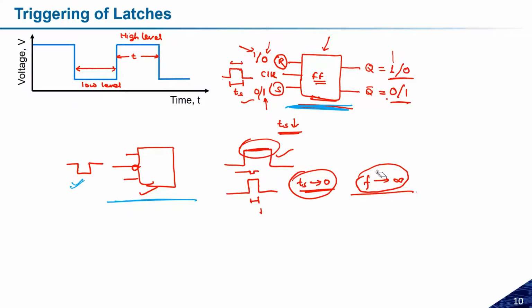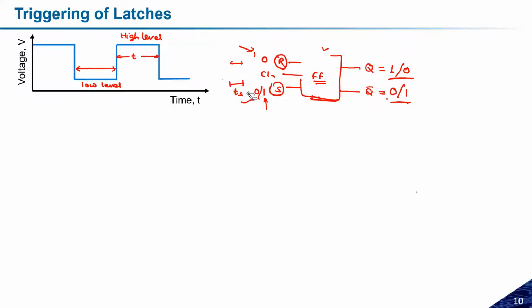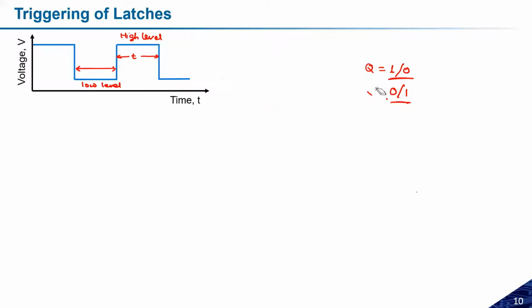Now, another kind of flip-flop. I just told you, even though you are reducing the pulse width or increasing the frequency of this clock, 100% the glitch or this kind of problem cannot be avoided. If the change comes in between, then it can create a problem.